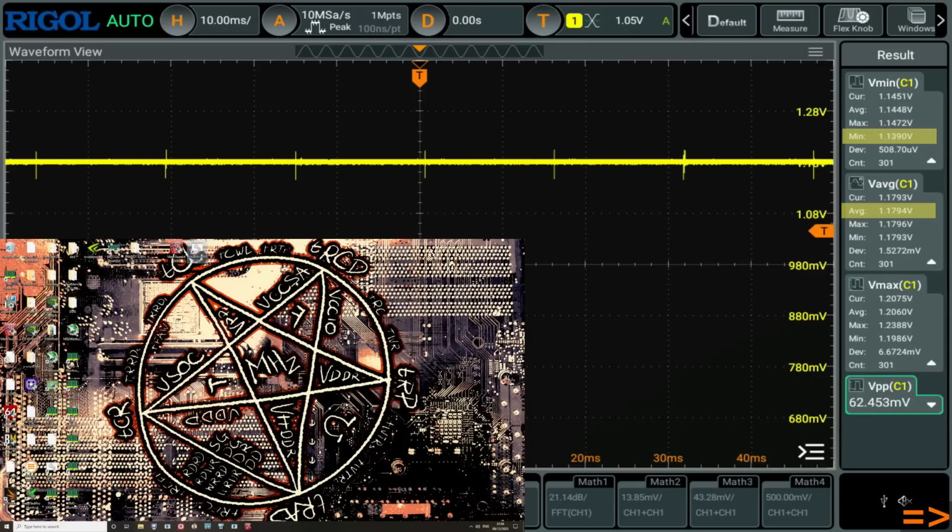And the reason why the average voltage goes up when Y-Cruncher starts is because there is a voltage drop across the CPU socket itself. So the voltage regulator on the motherboard is regulating against the CPU silicon, whereas we're measuring on the back of the motherboard, so we see more average voltage than the CPU is actually receiving because a lot of voltage is just lost across the socket itself.